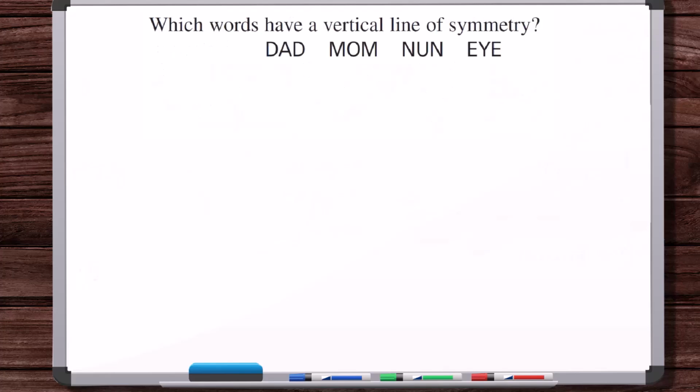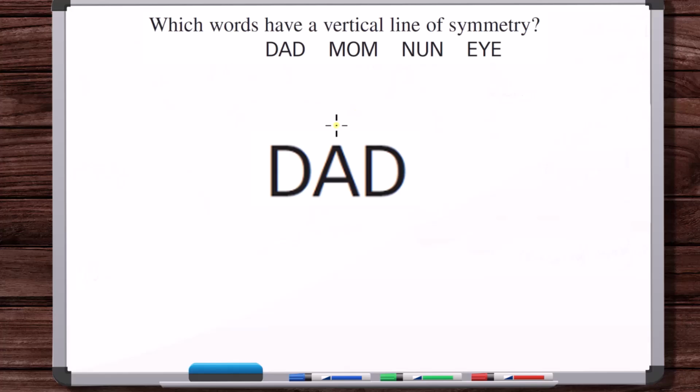Okay, which words have a vertical line of symmetry? A vertical line of symmetry is going to have to be at the middle. How could you have a vertical line of symmetry over here? So it's going to have to be at the middle. And let's see.